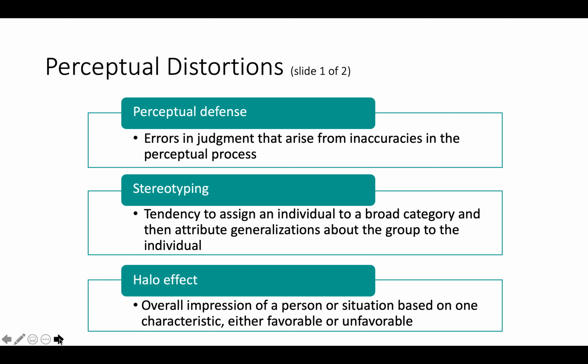Of course, we know that there are faults in everybody, but sometimes you may have an attribute that you see in someone that's favorable or unfavorable, and all of a sudden they rate that person high in everything. They make them into a super person or a super police officer or what have you.